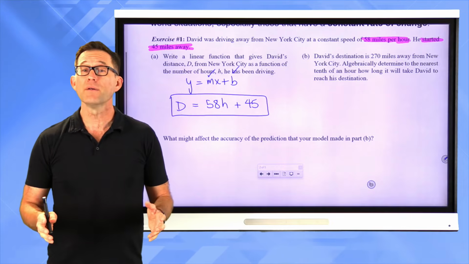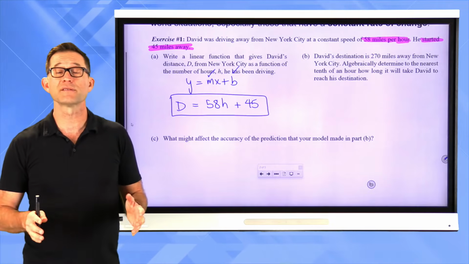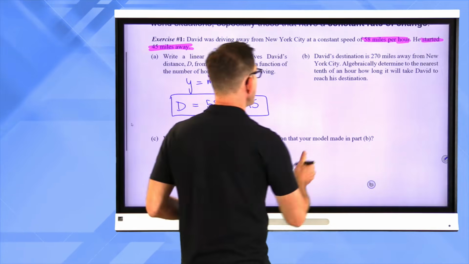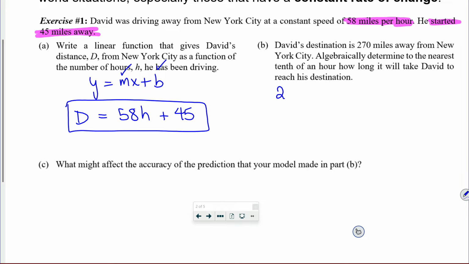All right, well, David's destination is 270 miles away. That means that we want to solve the equation 270 equals 58 times h plus 45. So this is a simple two-step equation that you would have been solving back in, I guess, 7th grade math. We just need to subtract 45 from both sides.